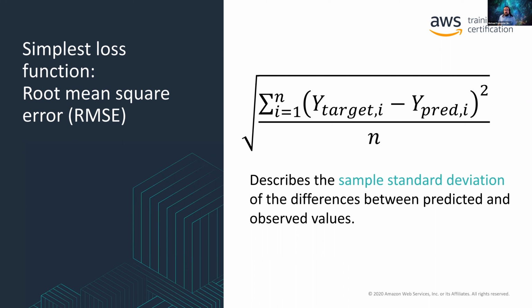By the way, do not memorize this equation. I mean, unless you're into this, go for it. But this is not required for using SageMaker, creating models, or for the exam. You're not going to see any of this on the exam. There are no math functions. This is just here for giggles, right? So that's what RMSE is.